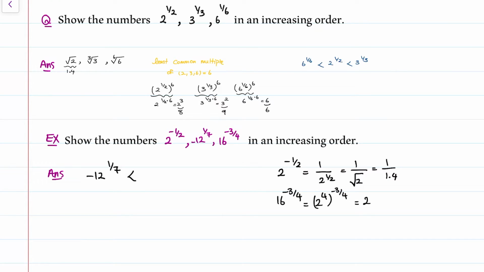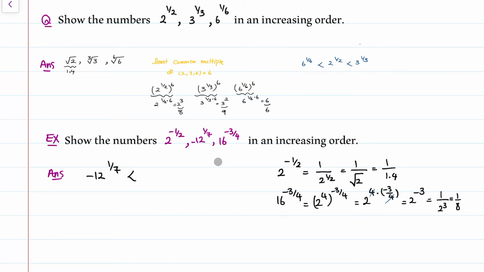So this is 2 to the 4 times negative 3/4. And if I simplify the exponents, I have 2 to the power of negative 3, which is 1/2 to the power of 3, which is 1/8.